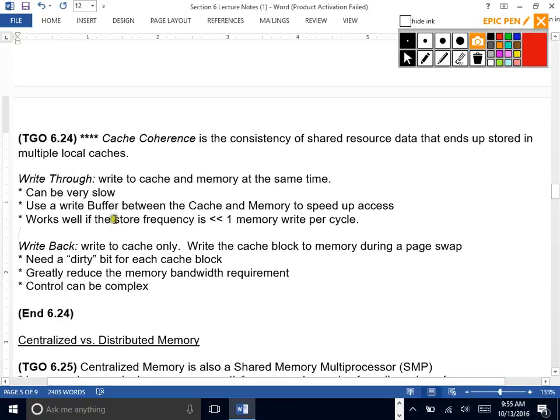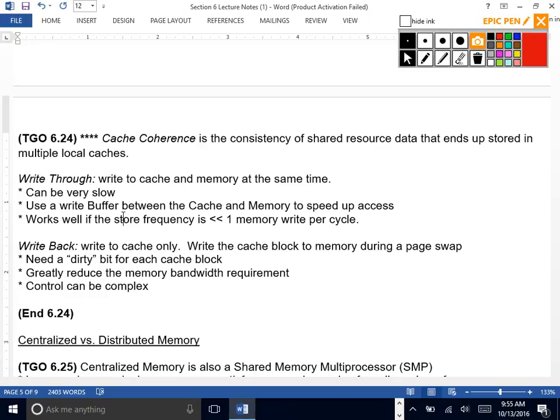If your store frequency is a lot less than one memory write per cycle, so you're not doing many writes at a time, write through works. But write back is typically what's used more often. Write back is writing to the cache only, and you write the cache block to memory during a page swap. We learned about page swaps last lecture, right? So now this is where we have to coordinate. We're doing multiple processors, and we have to worry about pages, and about the local copies of registers.